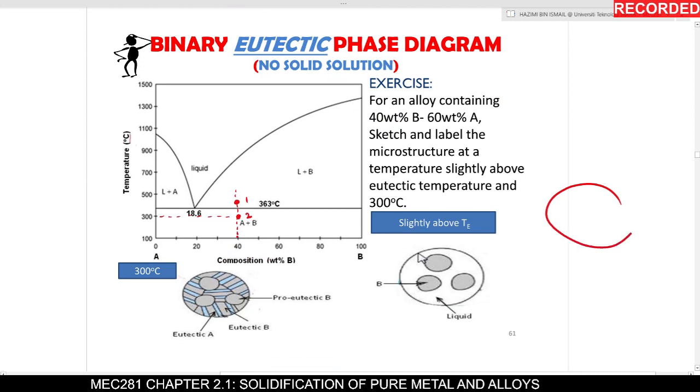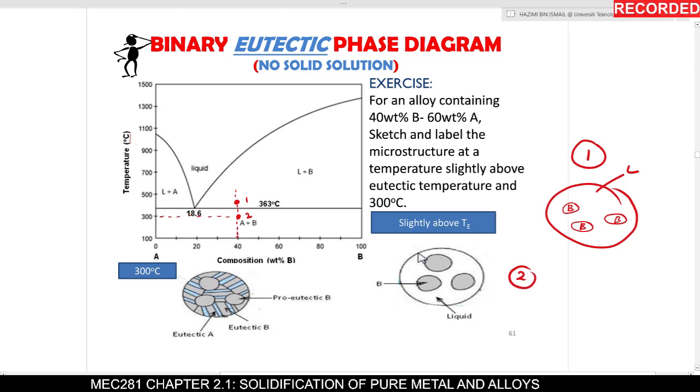Just draw like that. This is the structure itself. So this is liquid L. So you have crystal solid starting to form. So this is B. Okay, just like that for point 1, just above the eutectic temperature.